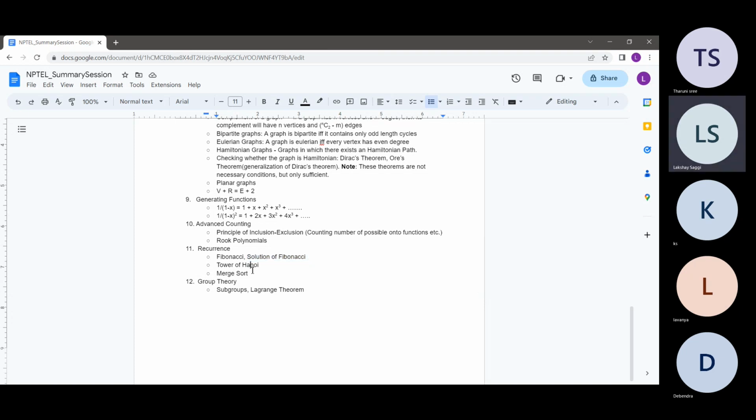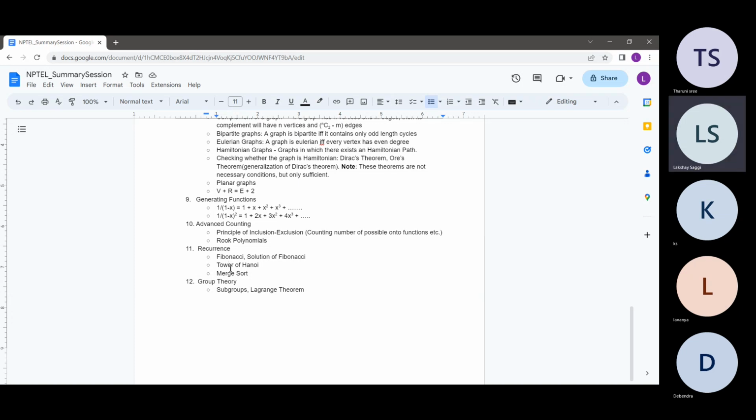And then there was the problem of Tower of Hanoi, which was also discussed. Suppose there are three rods and n weights, put in descending order on the first rod, and we need to transfer these weights in this form onto the second rod, following the constraint that a heavier weight should always be below a lighter weight.